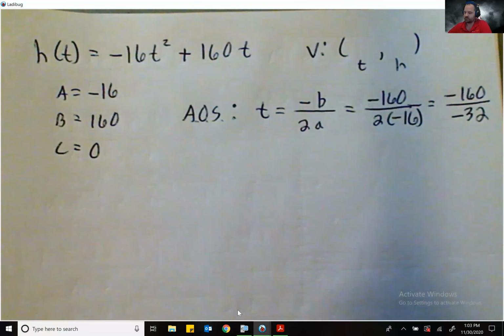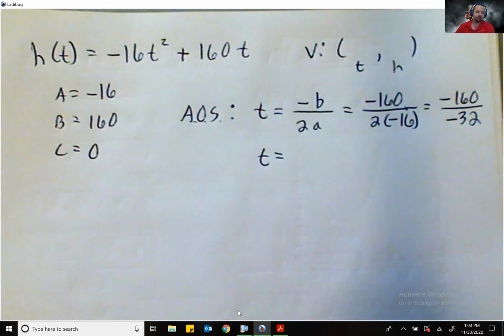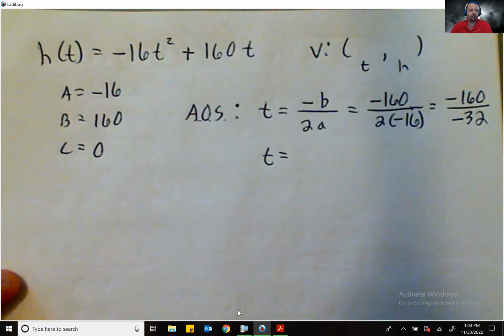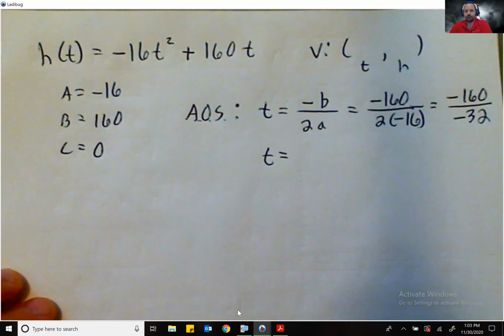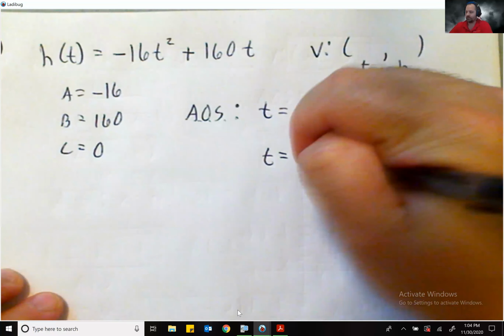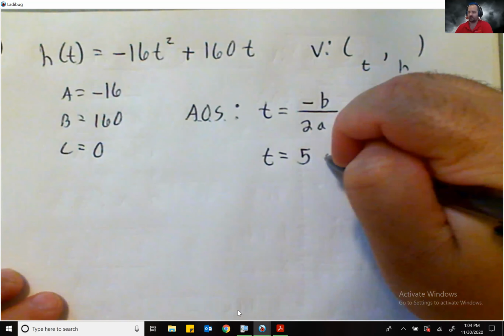And what do we get for t? What is negative 160 divided by negative 32? Positive 5. You got it. So it takes 5 seconds to reach the maximum.